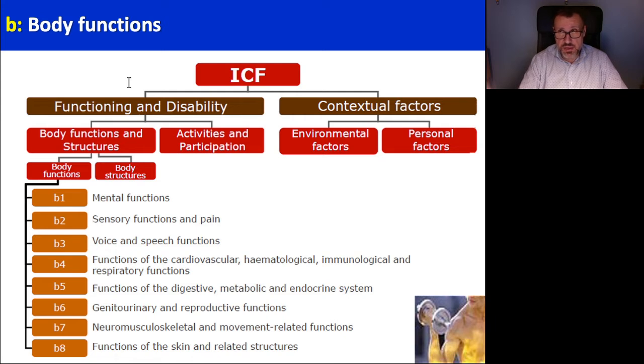Basically, this could be the main summary, the main index of a physiology textbook.